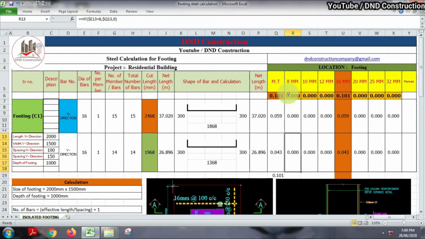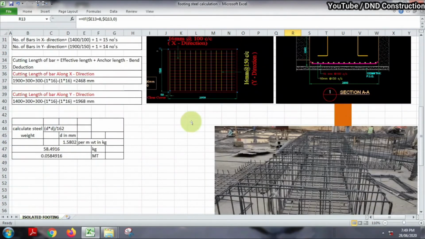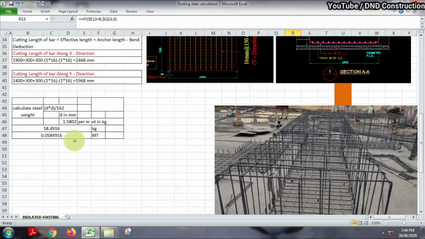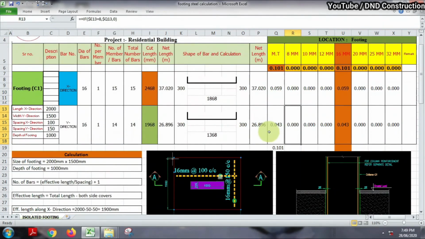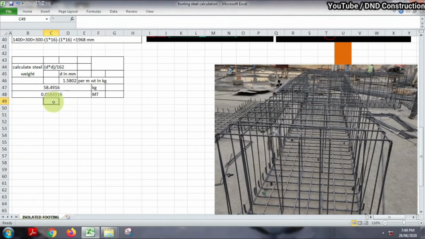This is showing the total steel quantity for the x direction and y direction. This is for the x direction, and for the y direction 0.043. So for both directions, this plus this, we get 0.101 metric ton of steel quantity for the footing.